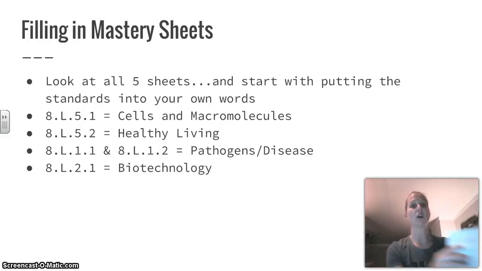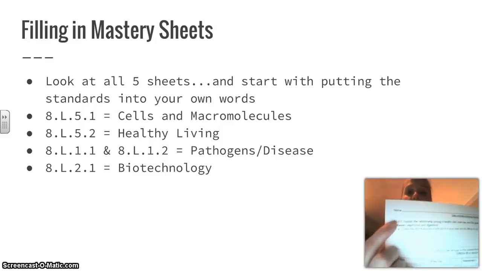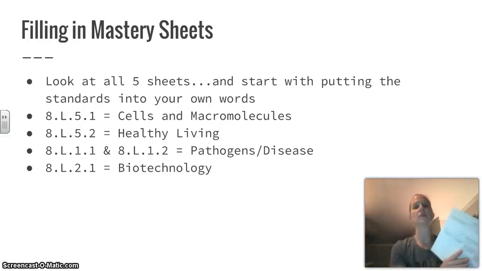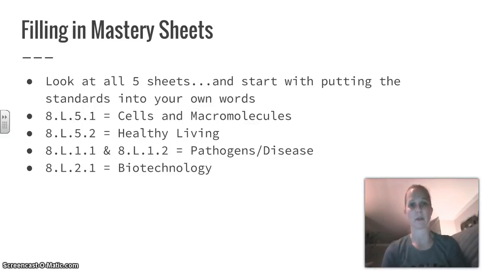You may want to go up at the top, right up here, and write what you see right in front of you. 8.L.5.1, which means really nothing. The topic it covers is cells and macromolecules. That's what we would call it. 8.L.5.2 is anything we talk about healthy living. 8.L.1.1 and 8.L.1.2 both cover pathogens and disease.